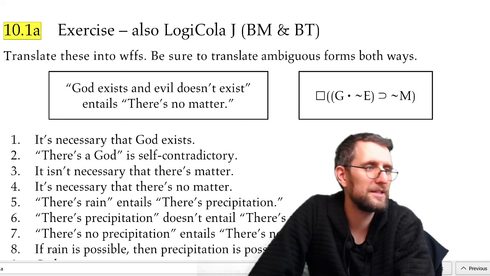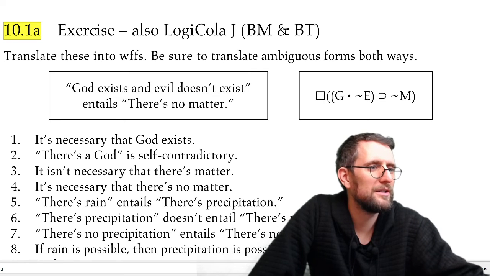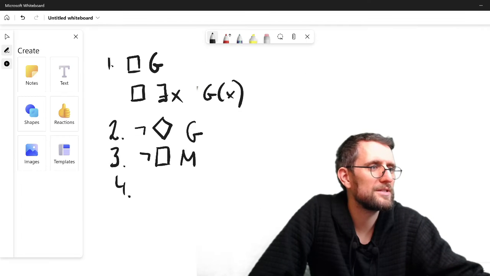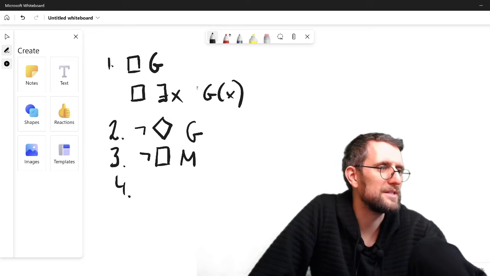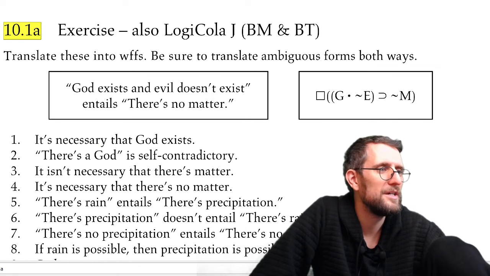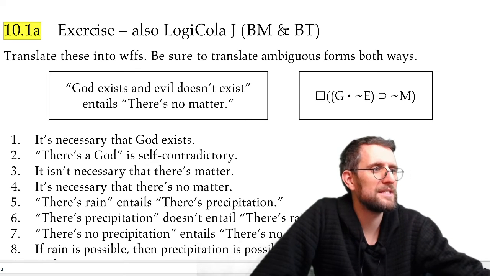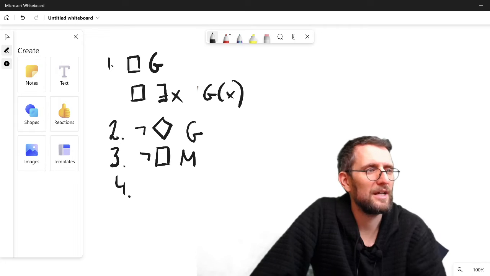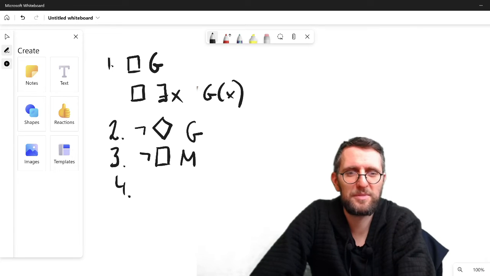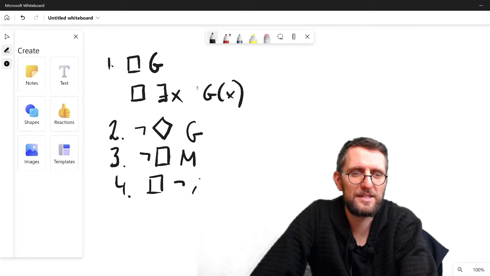We already had that. And 4 is, so it should be written like this, right? It is not necessary that there's matter. It's necessary that there's no matter. I wonder if I could write it the same, but do they want me to write it like that? It's necessary that there is no matter.